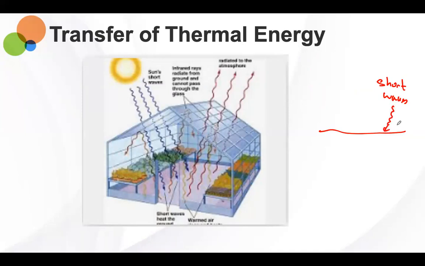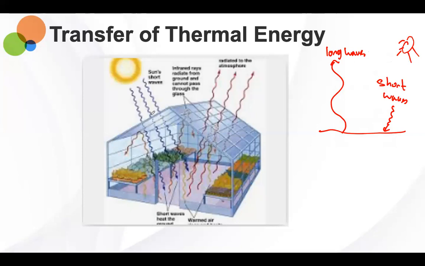And then you have longer waves, long waves leaving from the short waves. So this is our sun here, and it is shining, right? You have short waves coming in and long waves.